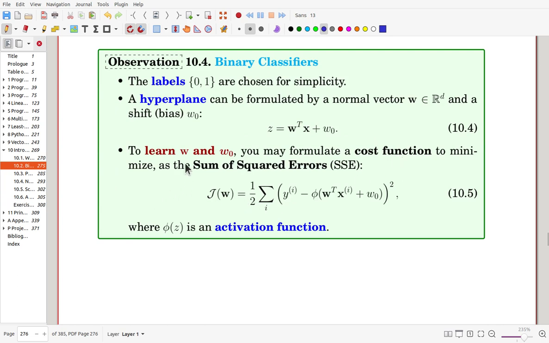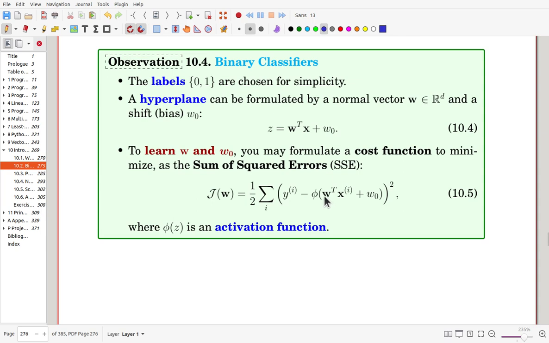To learn W and W0, you may have to formulate a cost function to minimize. This formulation is the sum of squared error. Errors squared are summed, so it is called the sum of squared error.